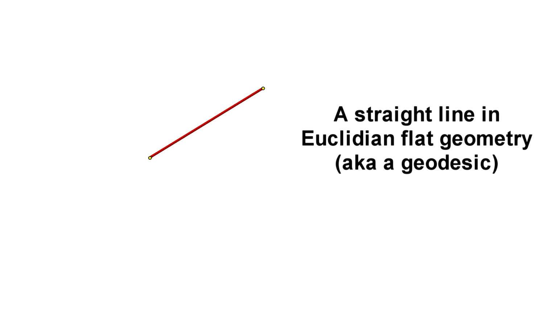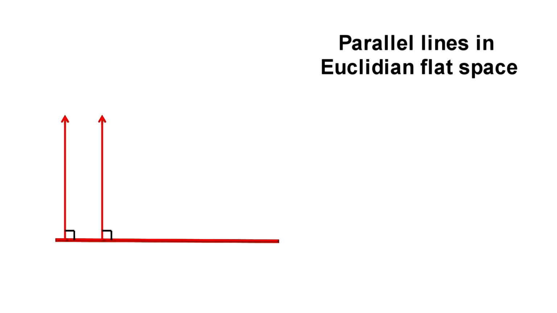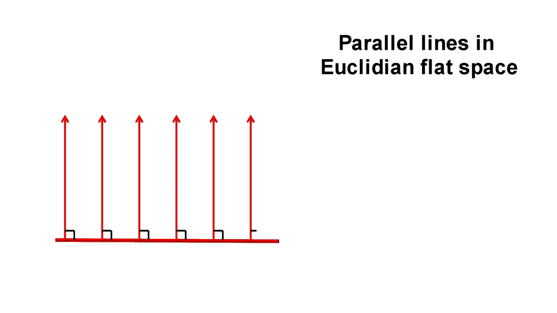Another name for the shortest line between 2 points is the geodesic. If we draw geodesics that are each perpendicular to a third line, they will be parallel to each other. They will never cross, even if they are extended to infinity. This is a key characteristic of flat Euclidean space.